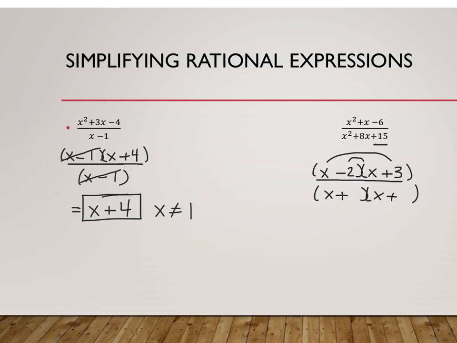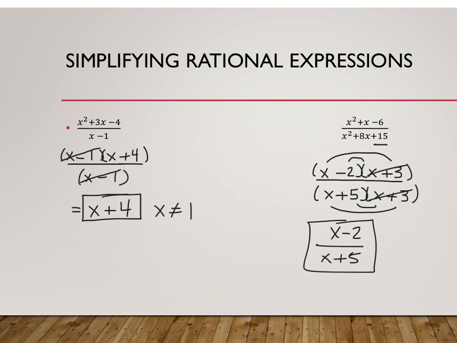And then the only thing that would cancel is if I have a 3 here. And if I have a 3 here, I would need to have a 5 there. Does it work? Yes, it does. So then your x plus 3's would cancel, and your final answer would be x minus 2 over x plus 5. We would say x cannot be negative 5 because that makes the bottom equal 0.